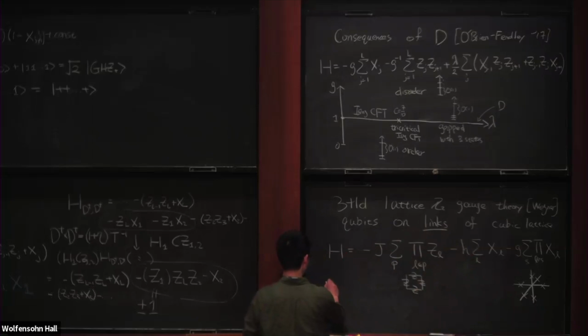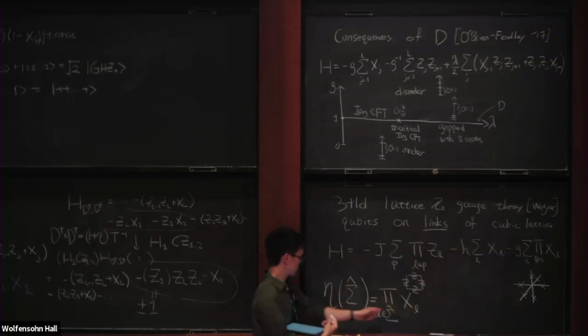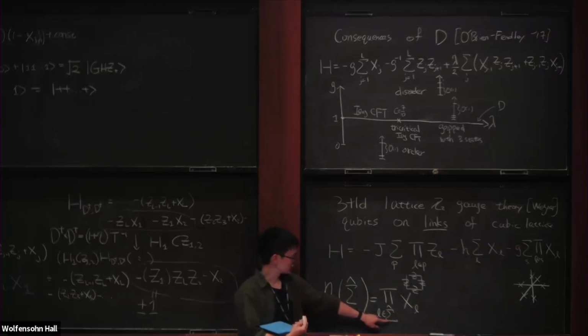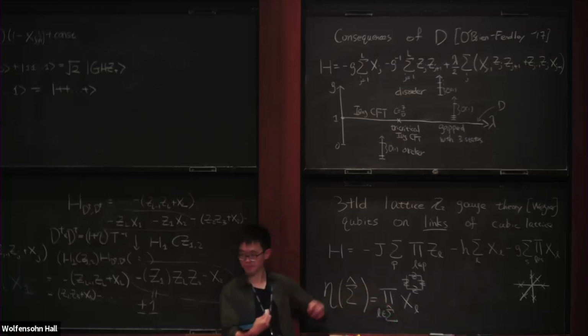Now, what is this one-form global symmetry? I'm going to call it eta again. It's a product of the X, but you take the product of the X only on some two-cycles on the dual lattice.